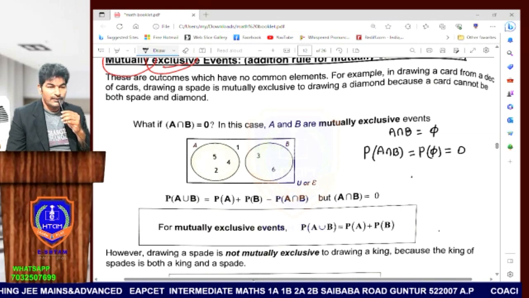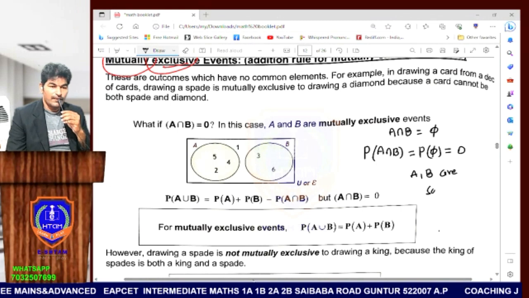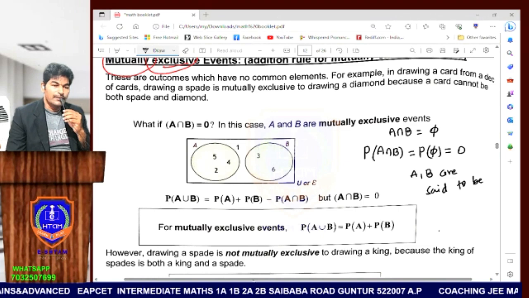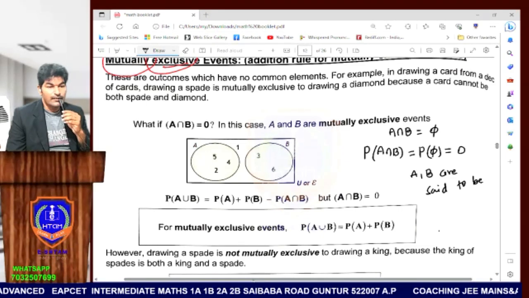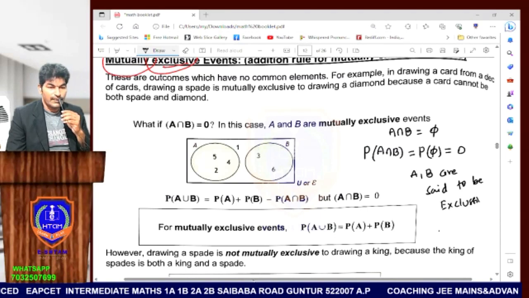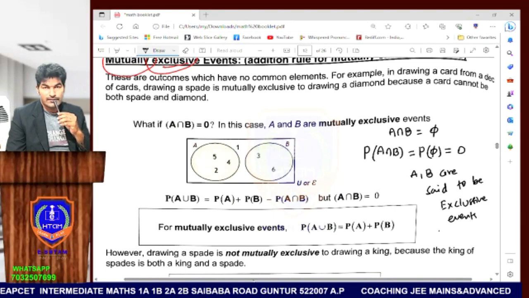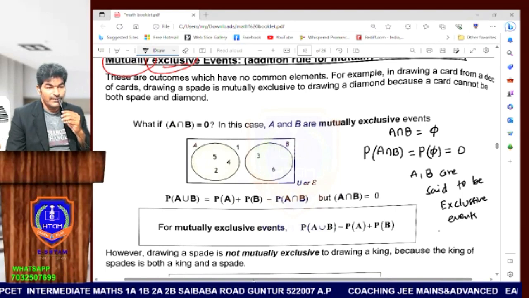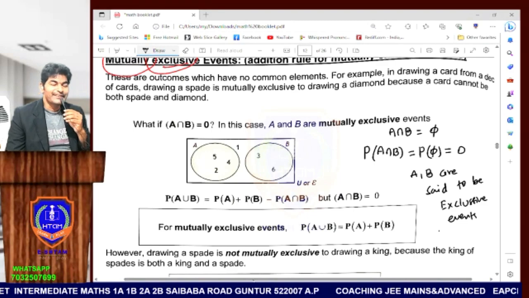Then A, B are said to be exclusive events. Understood?